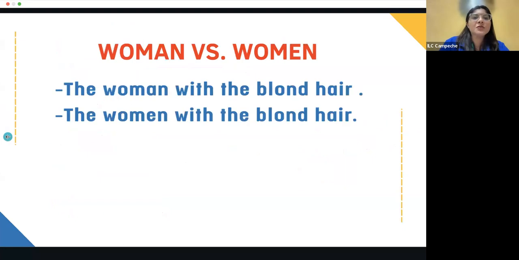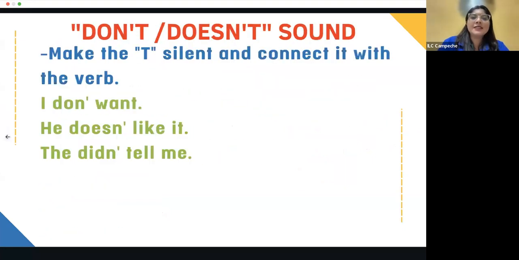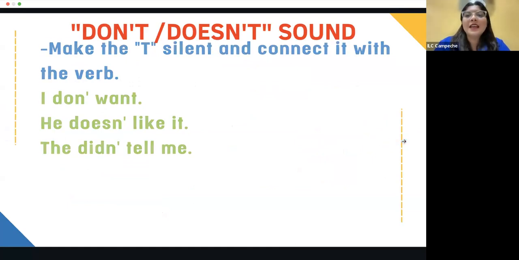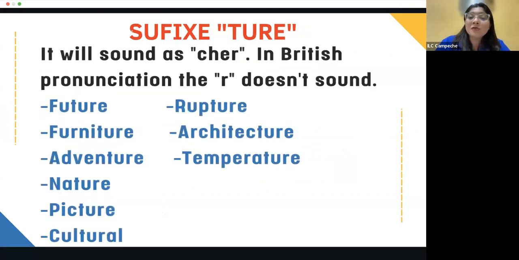Very good. So just to review, remember the sound of the short O: don't, doesn't, does, and is an S as well. Does, doesn't, is a Z sound, okay? Even if you have an S. Remember the suffix TURE is going to sound like chur. Future, furniture, adventure, nature, picture, rupture, architecture, temperature, and there are so many others.